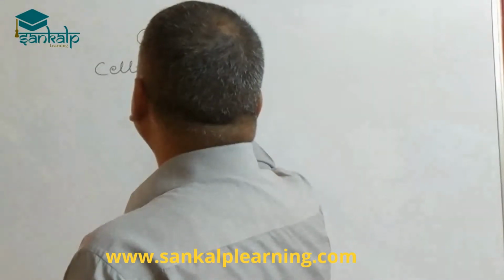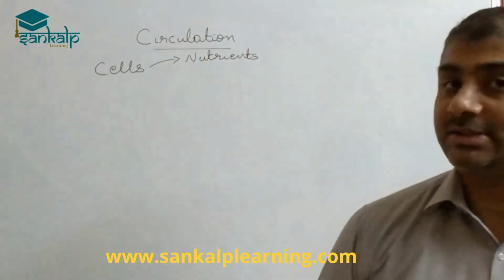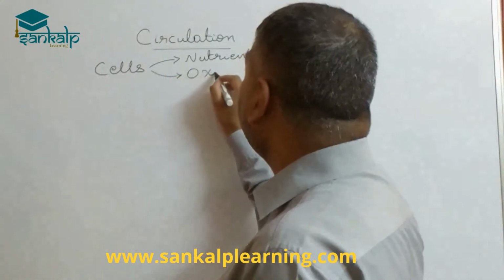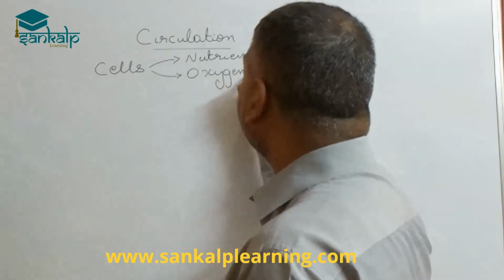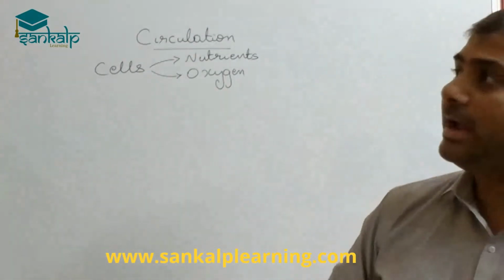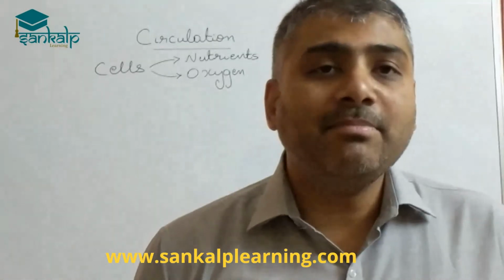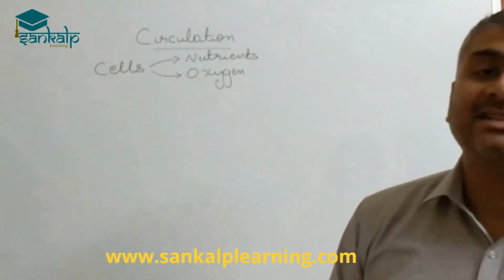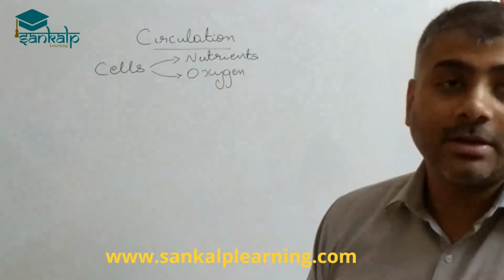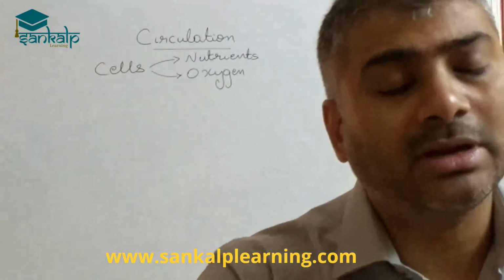One is nutrients. So a cell requires nutrients. At the same time, a cell requires oxygen for its survival. So can you imagine a cell surviving without nutrients and oxygen? Impossible. For every metabolic activity to take place, a cell has to show the respiration activity, for which it requires oxygen, and it requires nutrients for its survival and to show the activity of metabolism.